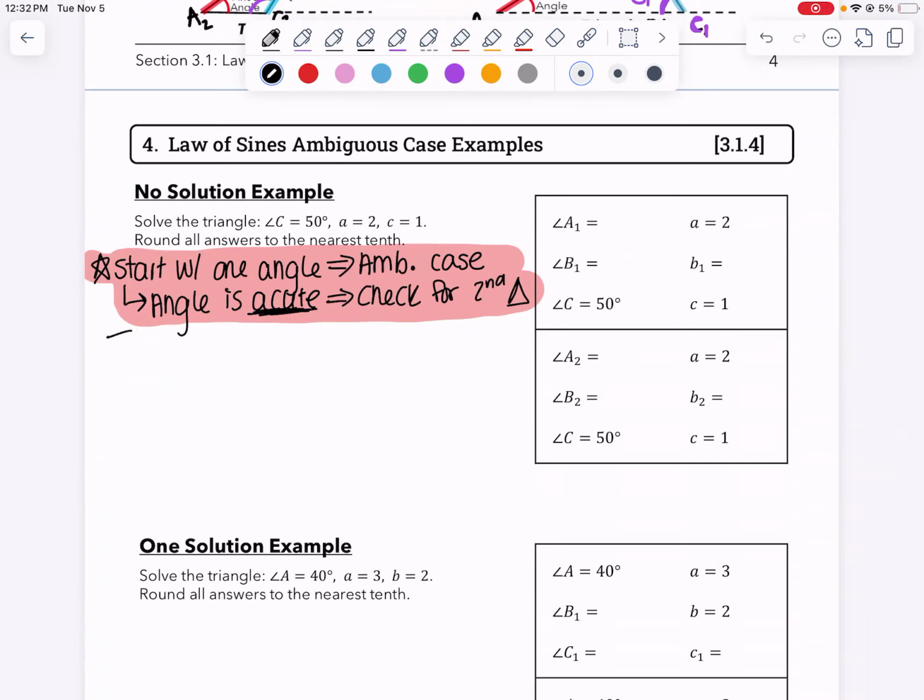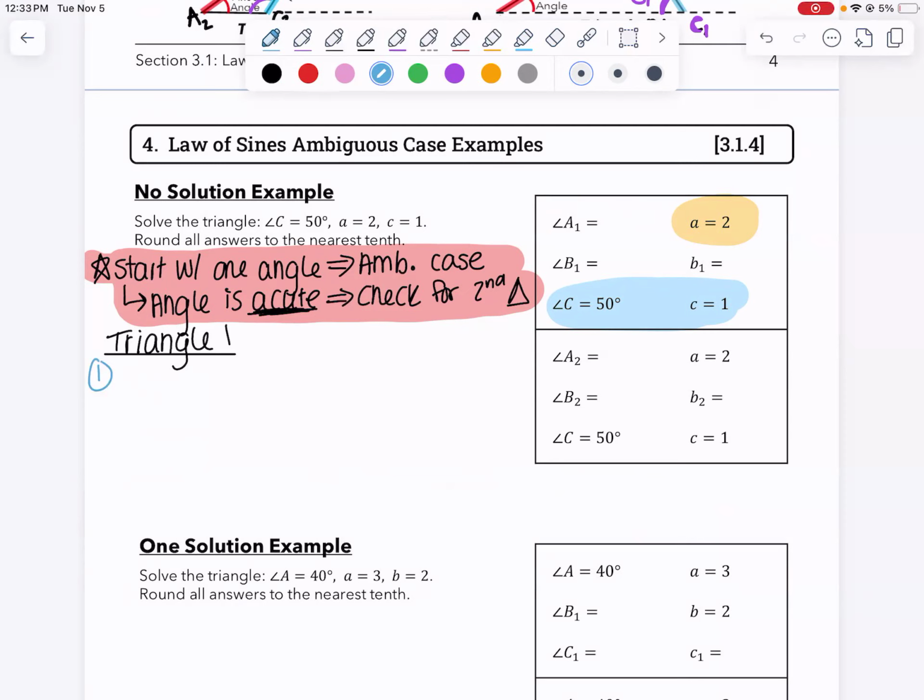So we'll say triangle one. We're trying this as if we think there's going to be two triangles. In triangle one, I see that I have everything I need to know about C, and I have half the information about A, which means I should be solving for angle A1 first, because I know half of it.